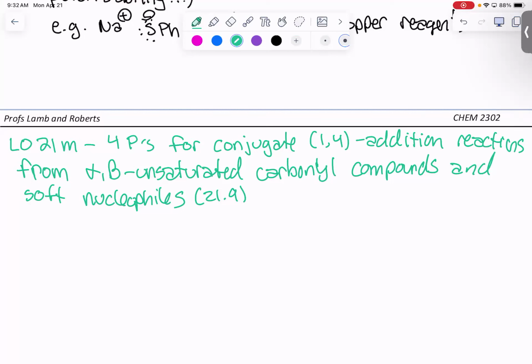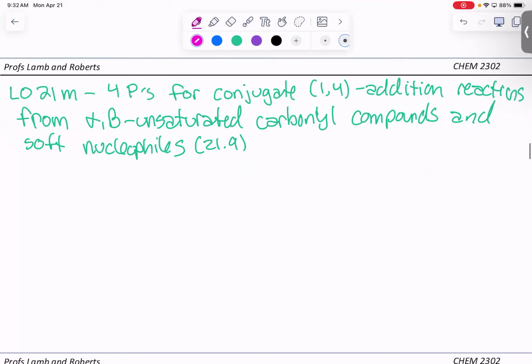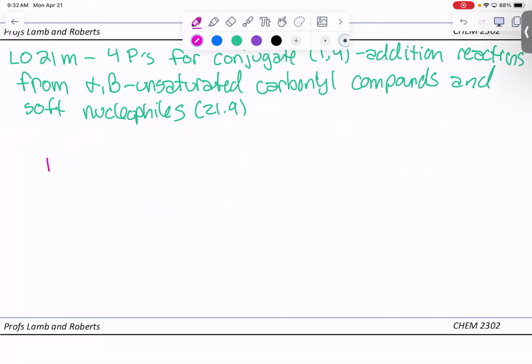All right, so before we see where these react and compare with our hard and soft nucleophiles, let's get straight what this actual functional group we're talking about is, these alpha, beta, unsaturated carbonyl compounds. Okay, so we know that we can have our numbering system on whatever type of ketone that we like, all right?